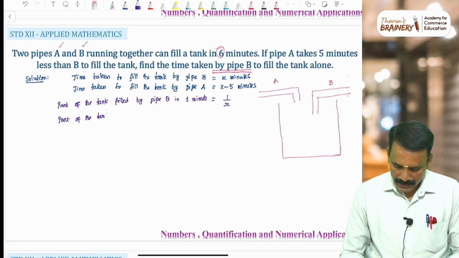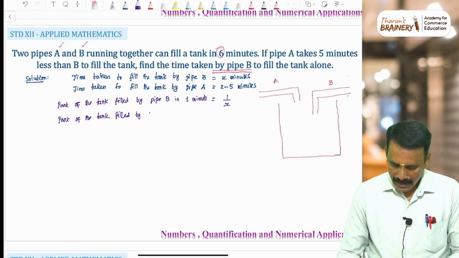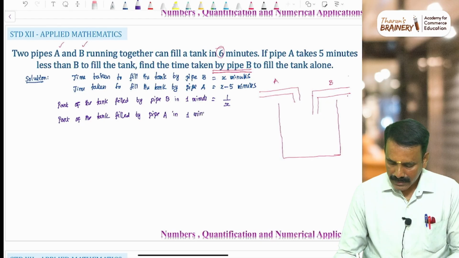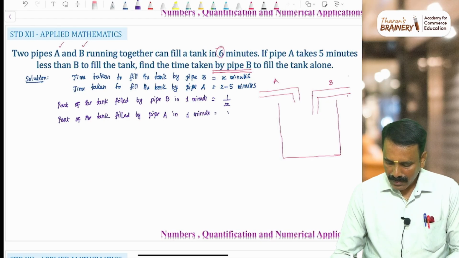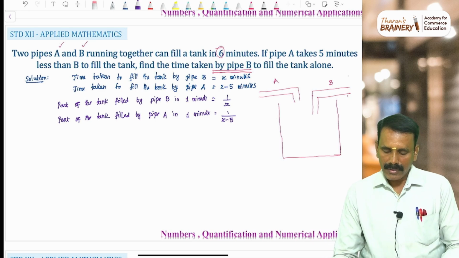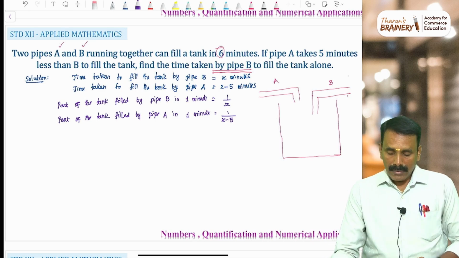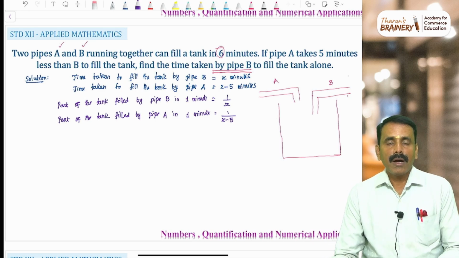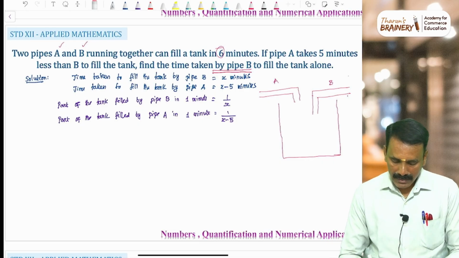Part of the tank filled by pipe A in 1 minute will be 1 by x minus 5 part. Is it clear?